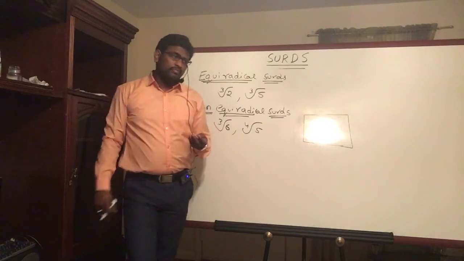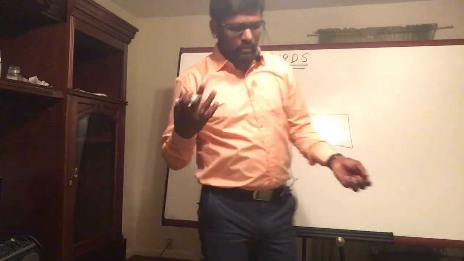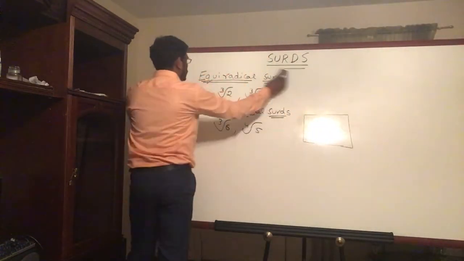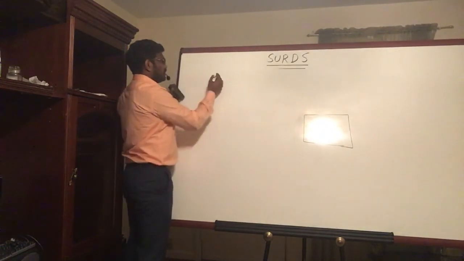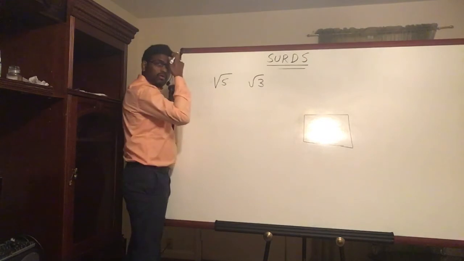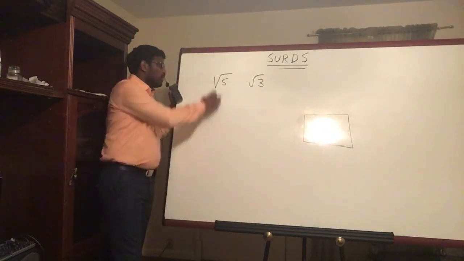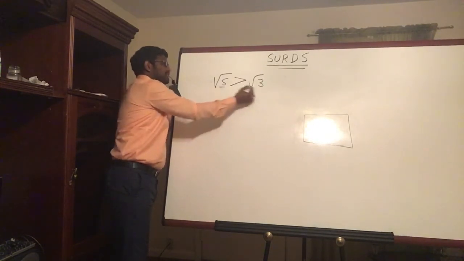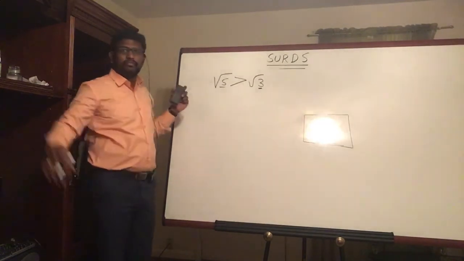For example, take simple numbers like square root of 3 and square root of 5. You can compare them easily. You can say square root of 5 is greater than square root of 3 because 5 is greater than 3. Very simple.